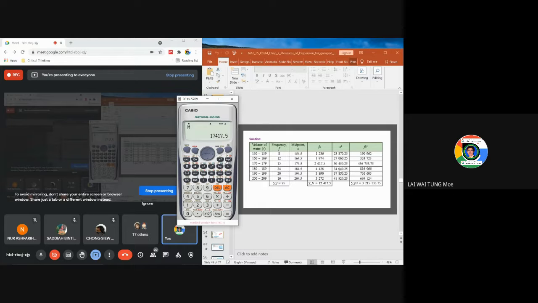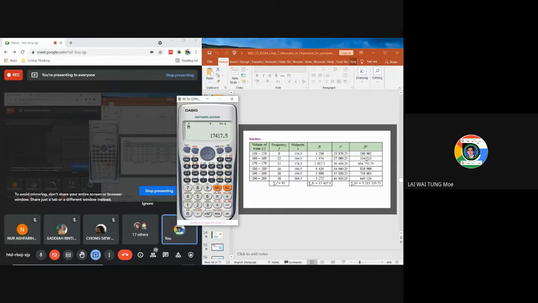So the same thing goes for this value also, because it's fx square. Fx square means you need to take the f value times the x square value. This x square value you get from this one. X is 154.5, so x square, you just press the calculator, the square of this number, you get this one. But to get this, you have to multiply between f and x squared to get this fx squared.